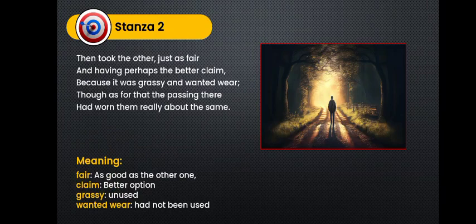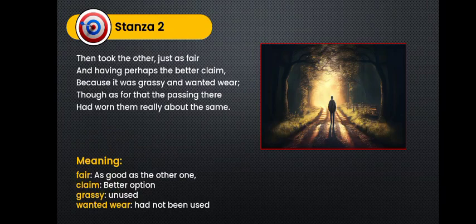He thought that it was a better claim, a better option that he chose, because it was grassy and wanted wear. Because the road was grassy, meaning green, and green symbolizes youth, new life. So he chooses the unconventional way. If a road is grassy, that means the road is not used in a regular way.